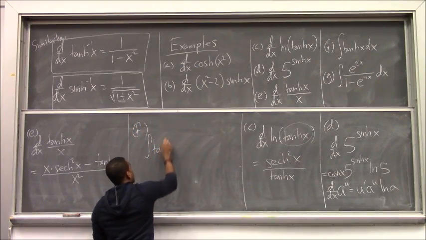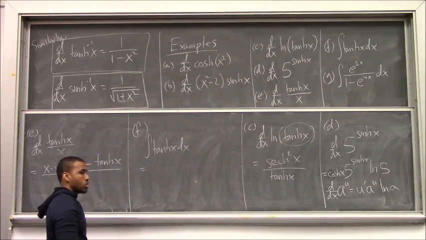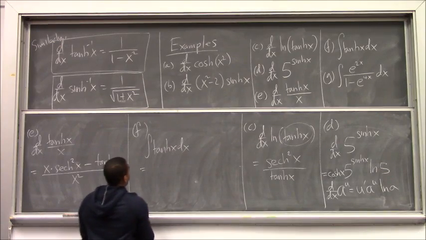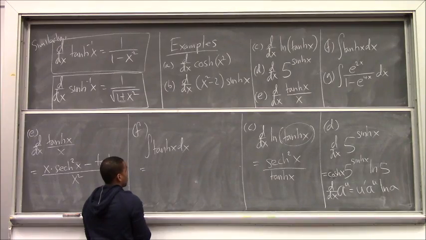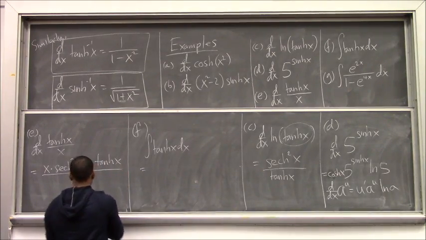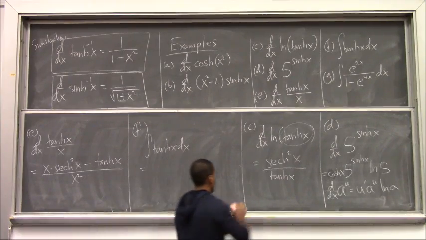How do you find the integral of tangent? You substitute. Substitute what? Is it the formula 1 plus tangent squared x equals secant squared x? Sure, but we don't have a tangent squared.